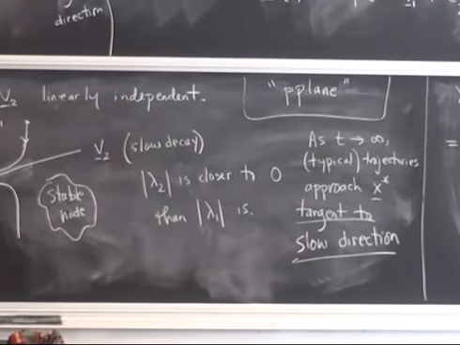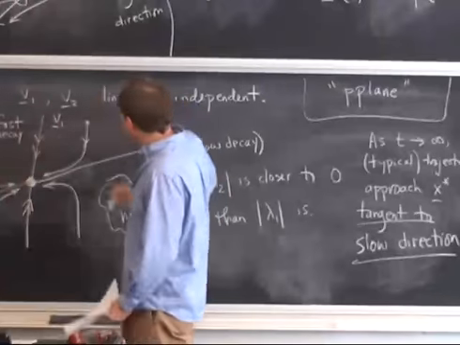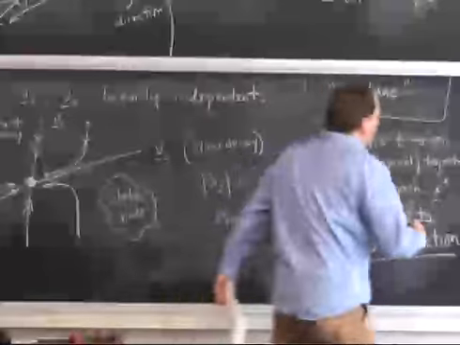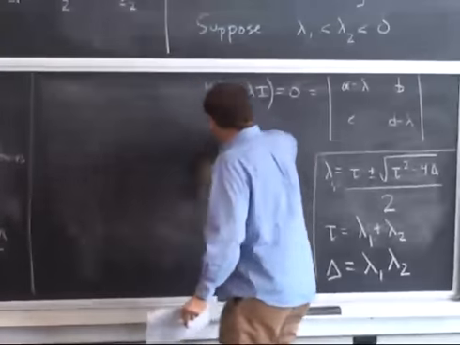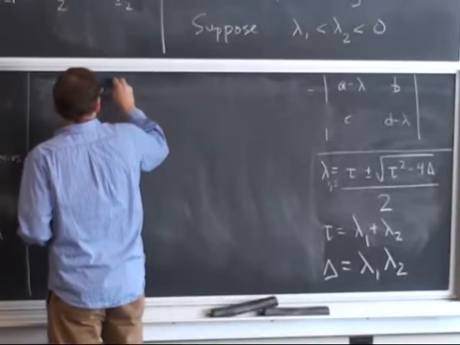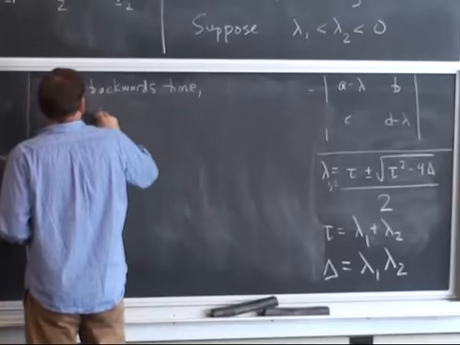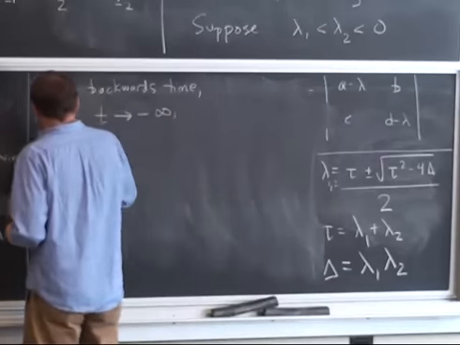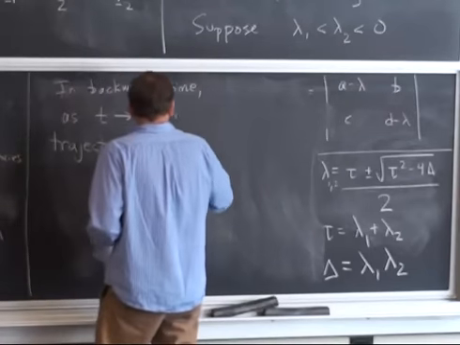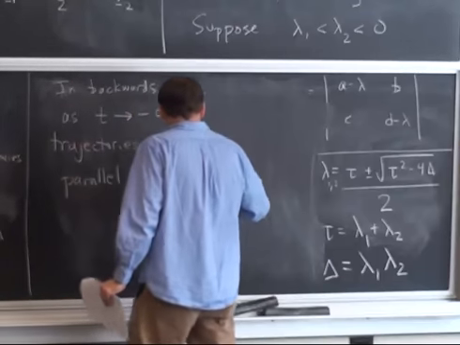That's what I was trying to draw. Whereas in backwards time, that is, if I want to think about what happens as I go back this way, they end up being parallel to the fast direction. So in backwards time, as t goes to minus infinity, trajectories get parallel to the fast direction.